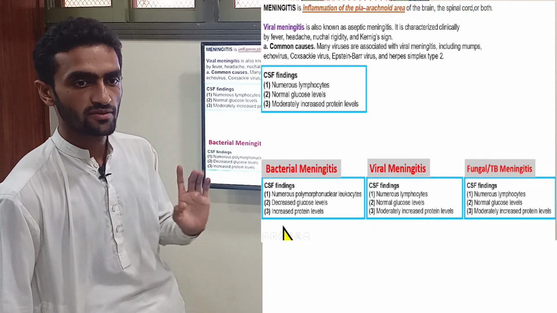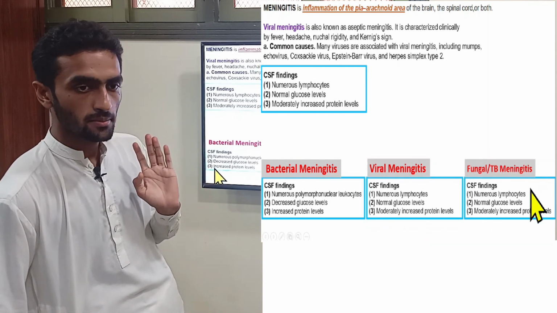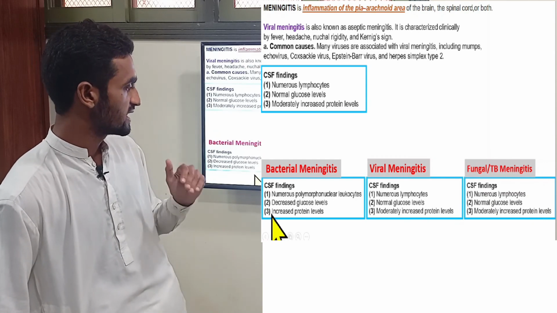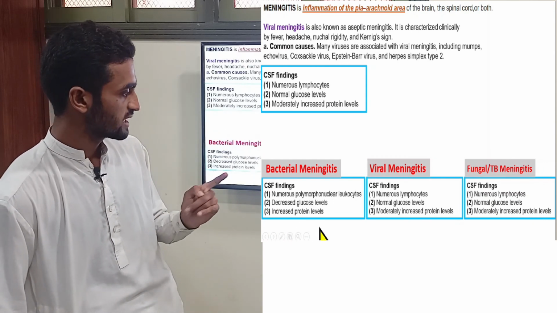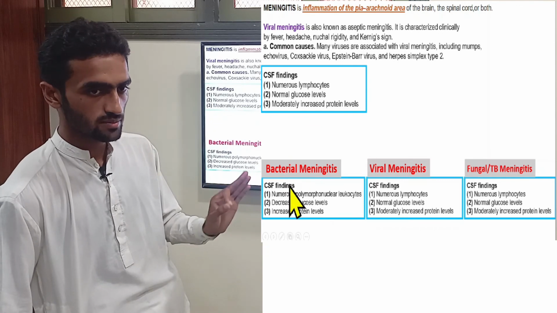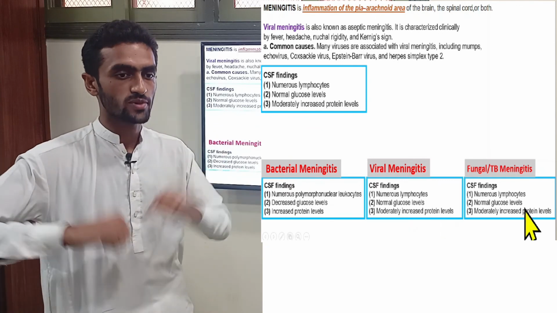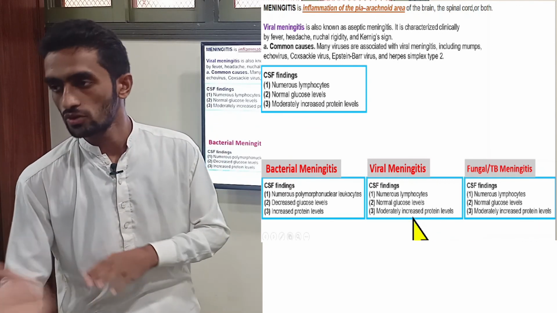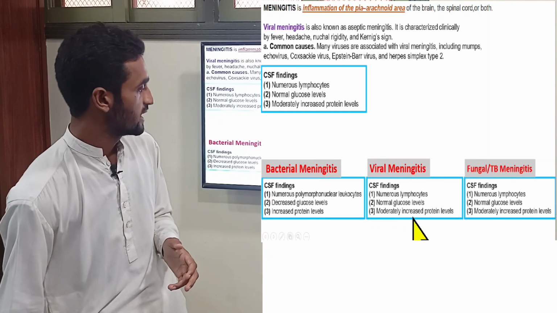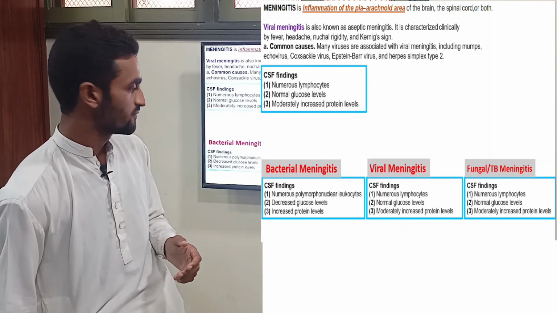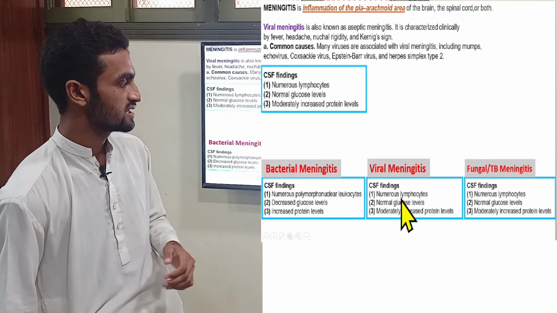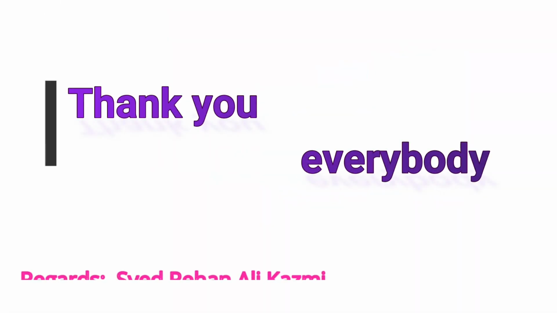In fungal, glucose is normal, whereas it is low in bacterial, and protein is high in bacterial. Here it is normal, or a little bit higher, but if the protein level is high, you can go for bacterial meningitis. And numerous lymphocytes are going to increase here, rather than leukocytes. So these are the findings.